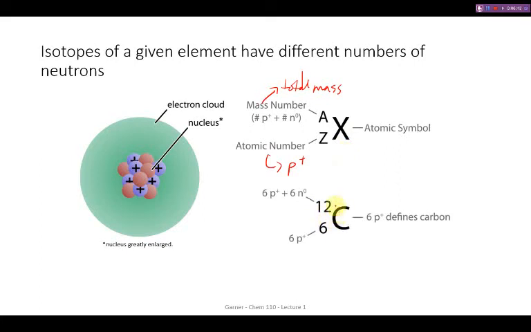So this is carbon. It's defined by having 6 protons. That's what this number represents. Again, the number of protons. And then this number represents the number of protons and neutrons. And so what we can infer is that since there are 6 protons and a total mass of 12, there must be 6 neutrons as well.